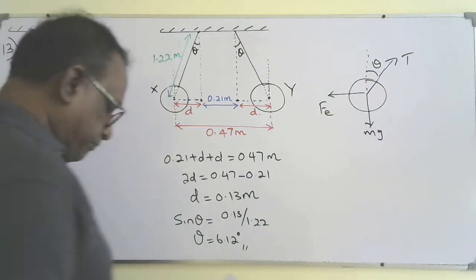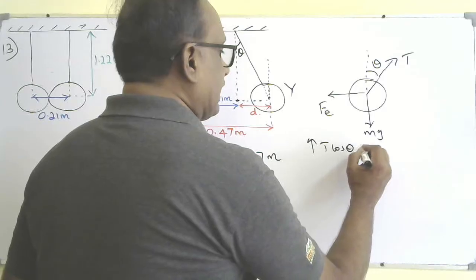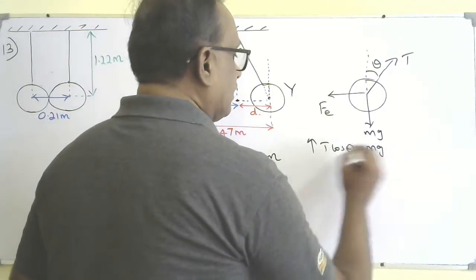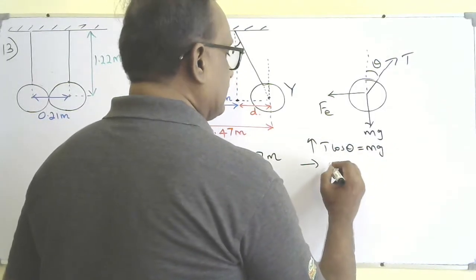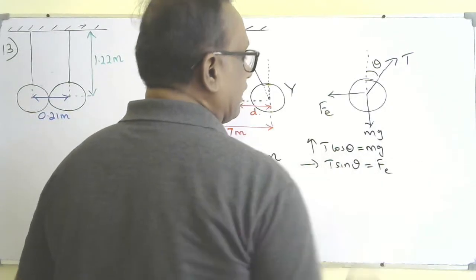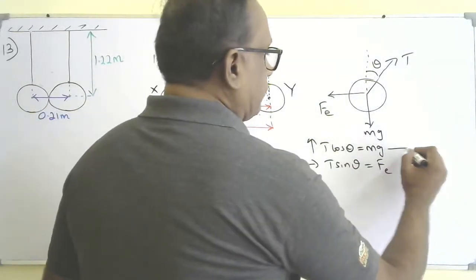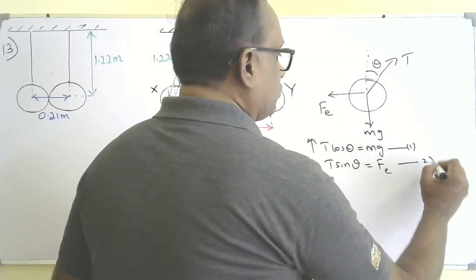So if I resolve vertically, T cos theta equals mg. Horizontally, T sin theta equals Fe, where Fe is the electrostatic force. Call these equation 1 and equation 2.